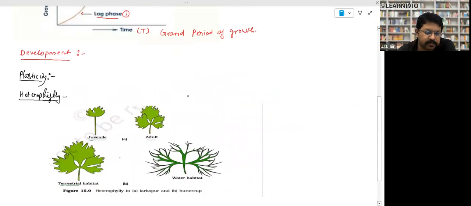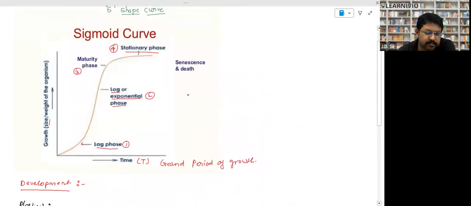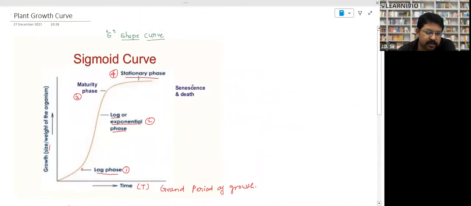What is plasticity? First, let me tell you the plant growth curve.